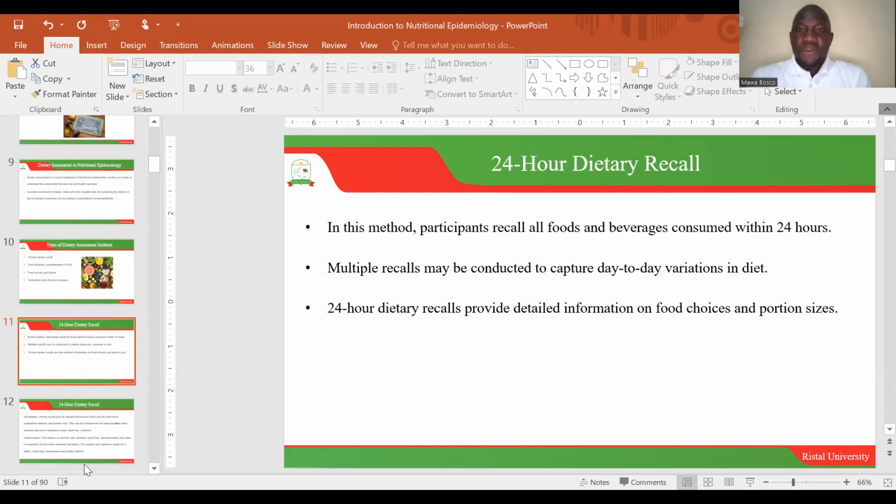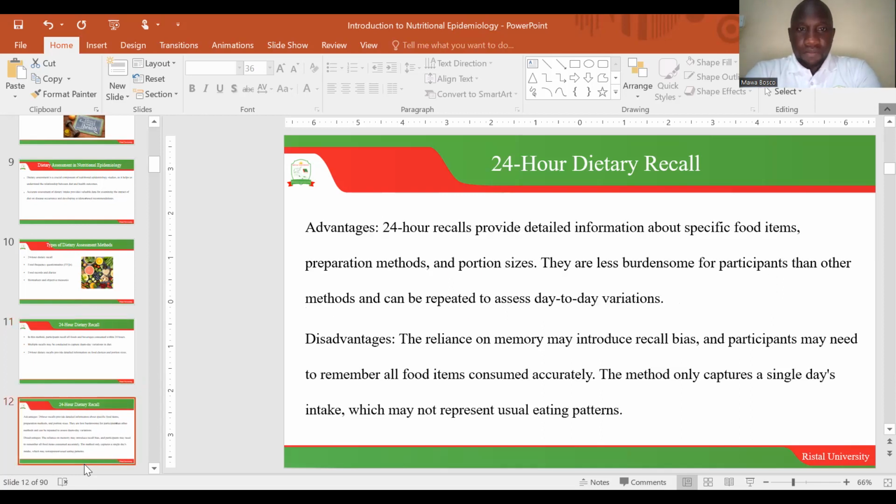So the 24-hour report, just like the name suggests, we ask individuals to write down all the foods and beverages that they have consumed in the last 24 hours. Okay, so it means that the person needs to have a very good memory, such that they tell us what they have eaten and how much, that is proportion. So what varieties have you eaten and in what proportions?